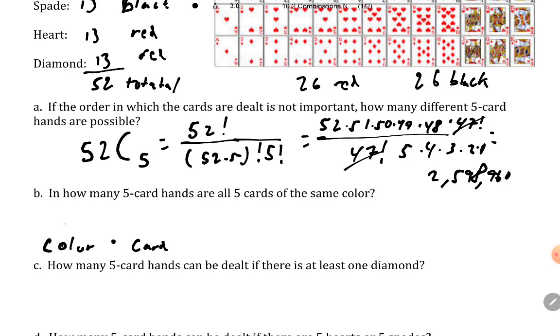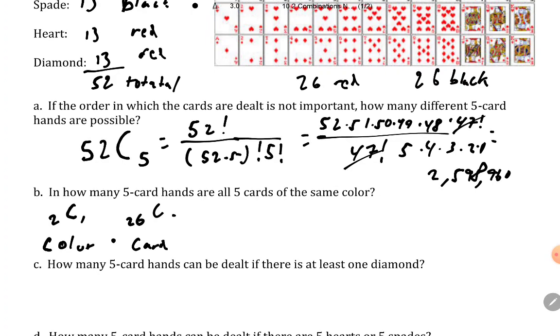So out of the 2 colors, we're going to choose 1. And out of the 26 cards in that color, we're going to choose 5. Because we're looking for how many 5-card hands are all 5 cards the same color.